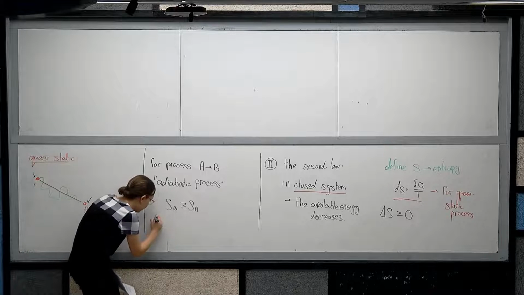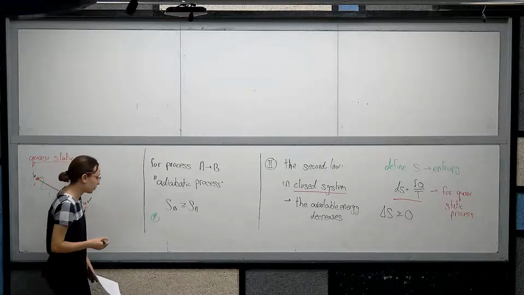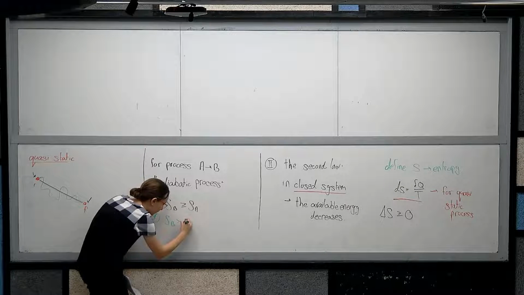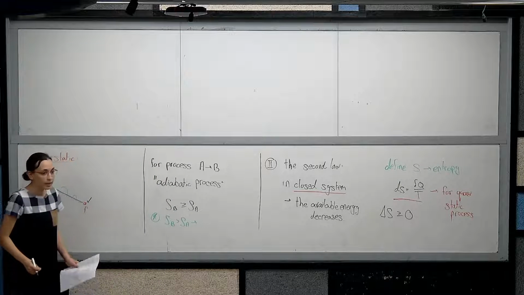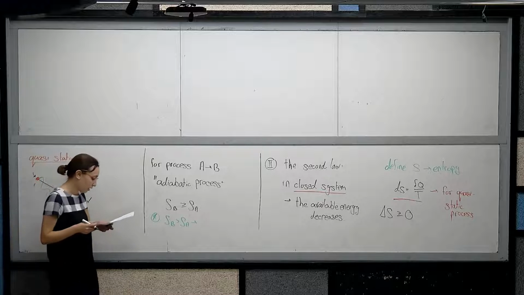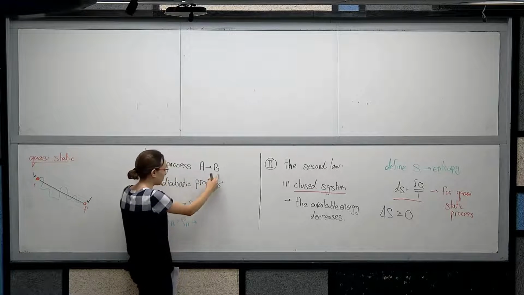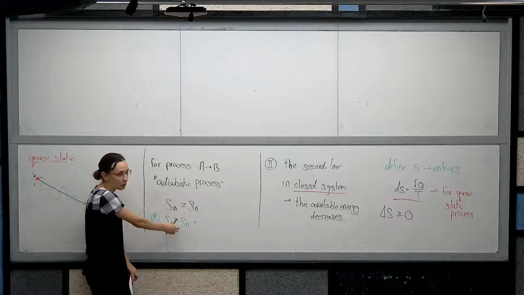And then we can divide it into two different processes. So if SB is bigger than SA, we can say that the process is not reversible. Okay, so we can go from A to B, but we cannot go back from B to A, because then the entropy will decrease.